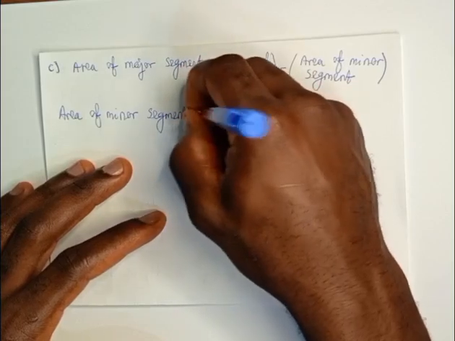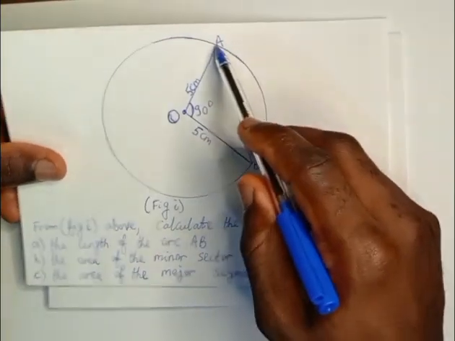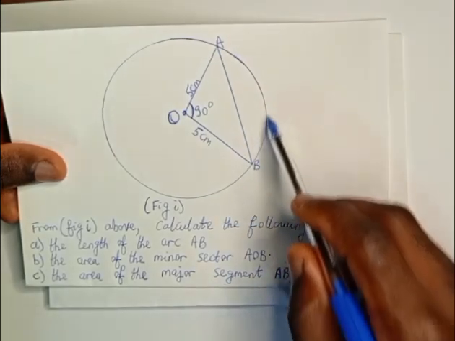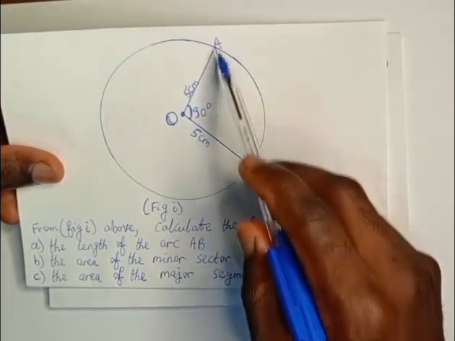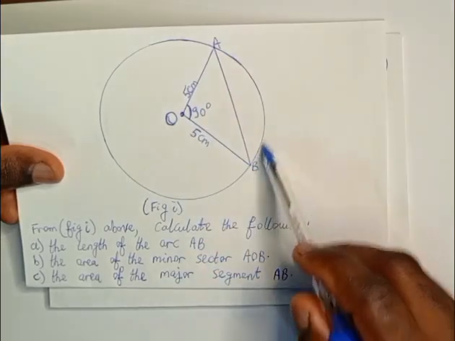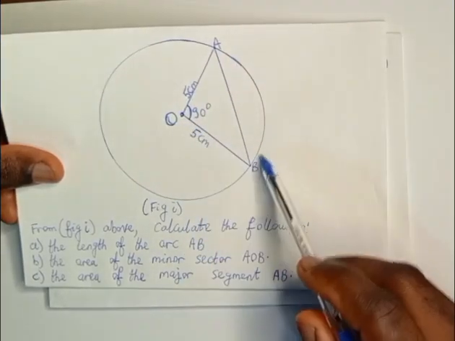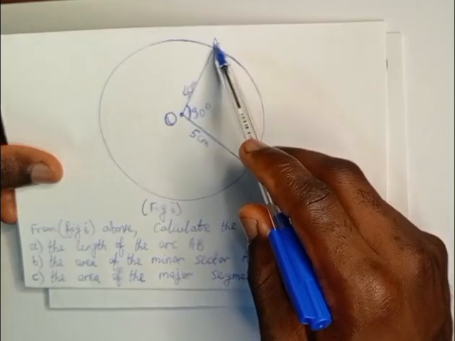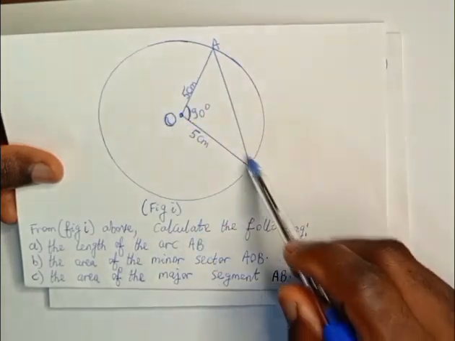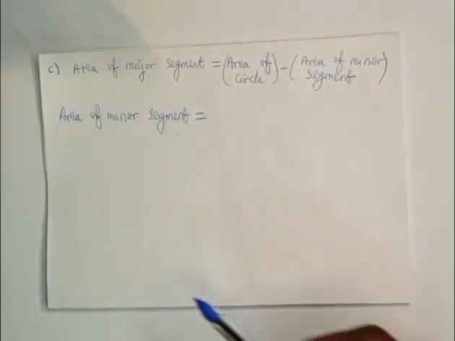is simply equal to, this is minor segment, you can see this. For us to get this area, it is the same as taking the area of the minor sector AOB minus the area of the triangle AOB. This is a triangle.